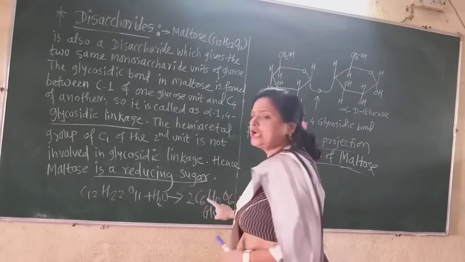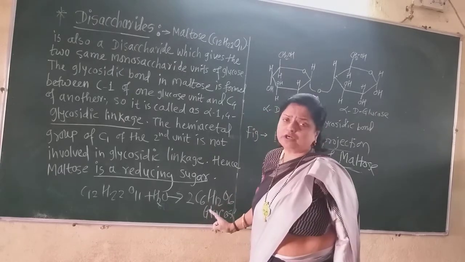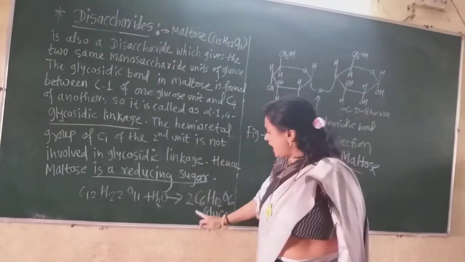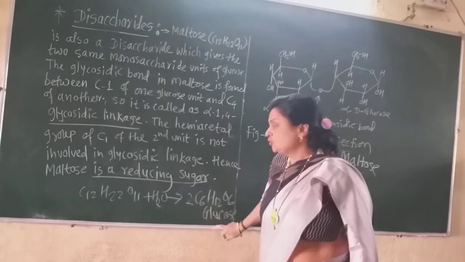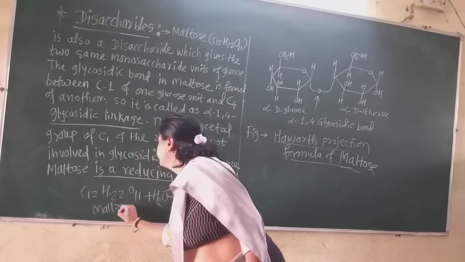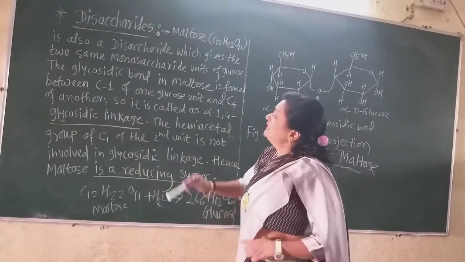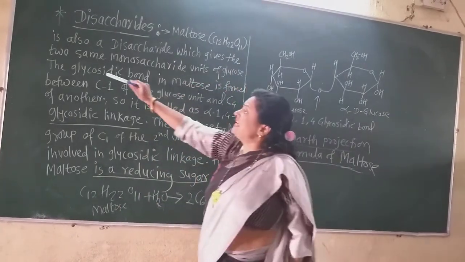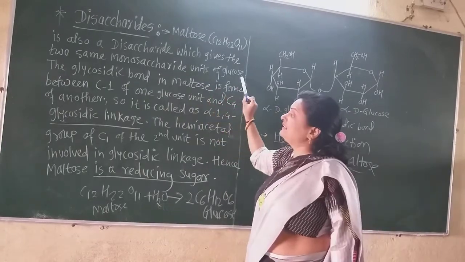Remember, here both the molecules are glucose, not one glucose and one fructose as in sucrose. This is the maltose sugar, the disaccharide, which gives the same 2 units of monosaccharide, glucose.